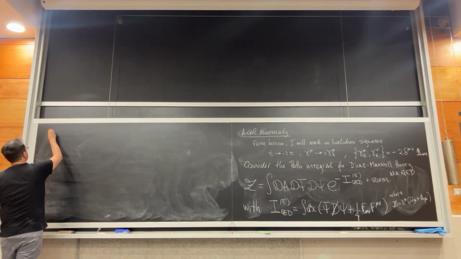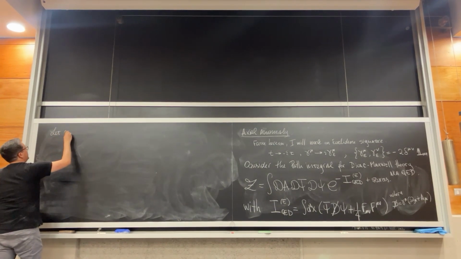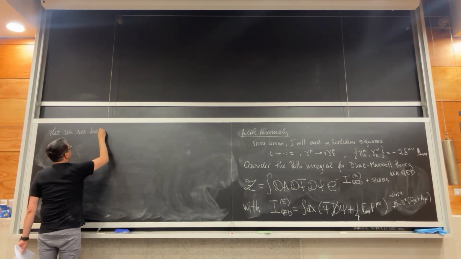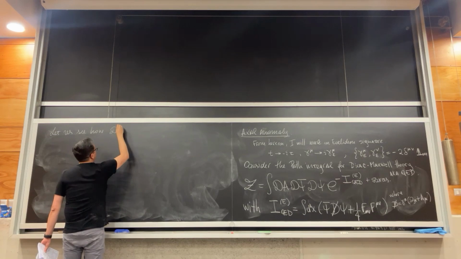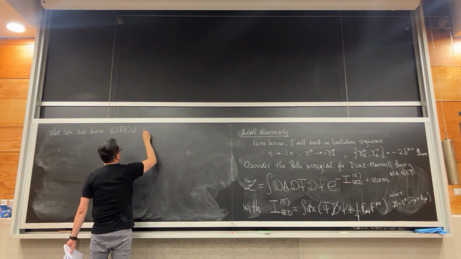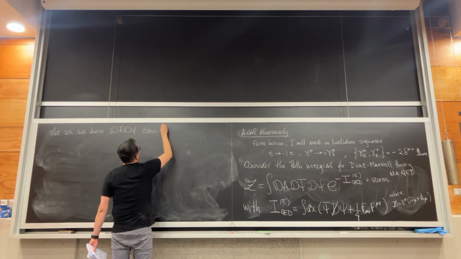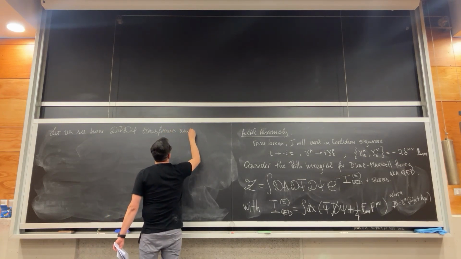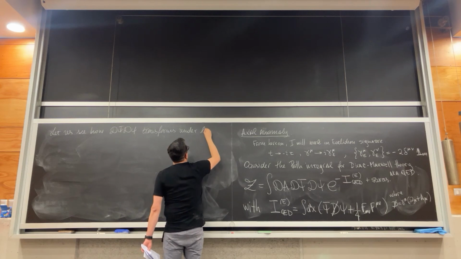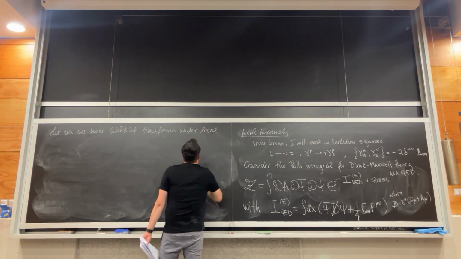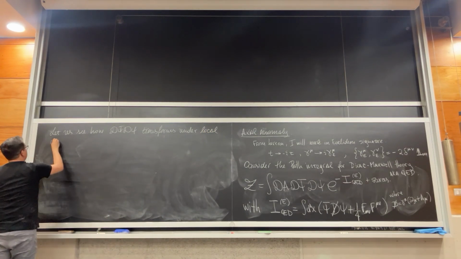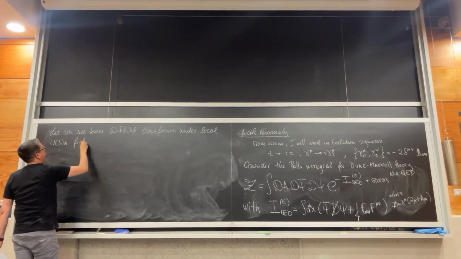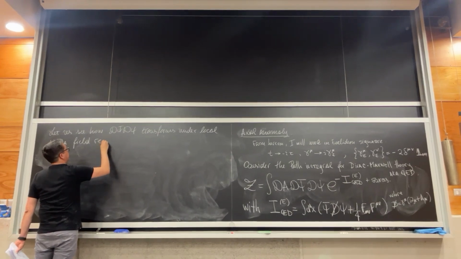So let us see how the fermionic measure transforms under local U1 axial field redefinitions.